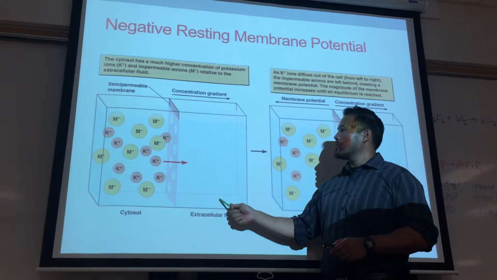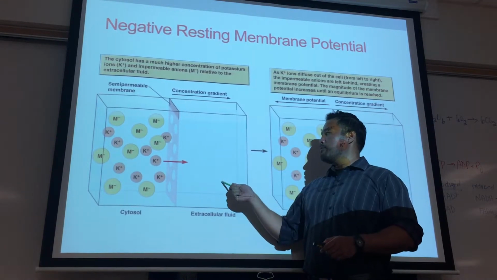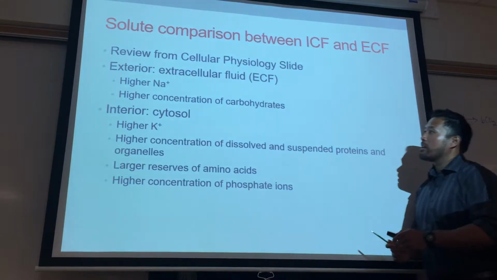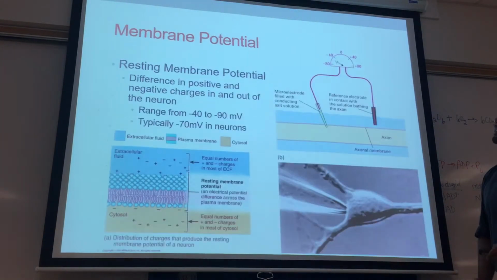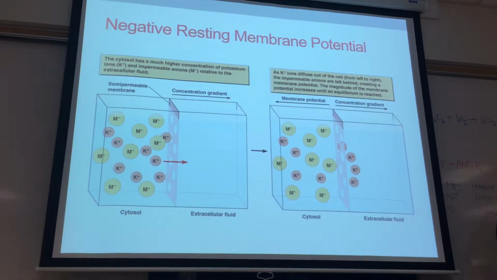On the extracellular fluid, there'll be a little bit of potassium here and there, but considerably less, as I mentioned in this slide right here, higher potassium on the inside. So my question to you is, what would be the direction of travel? We go from high concentration to low concentration. In this case, which direction is the potassium moving? To the right, out into the ECF, right?